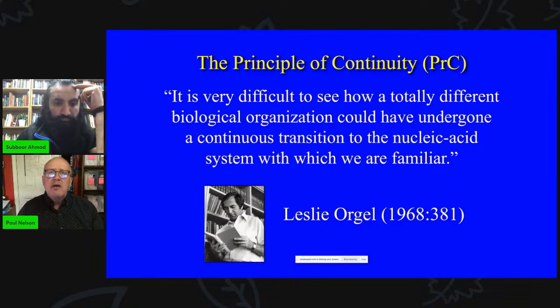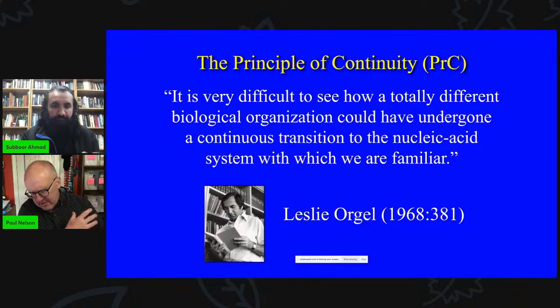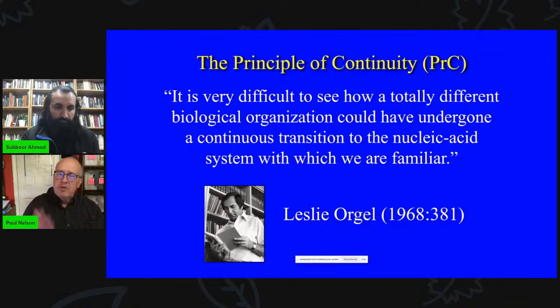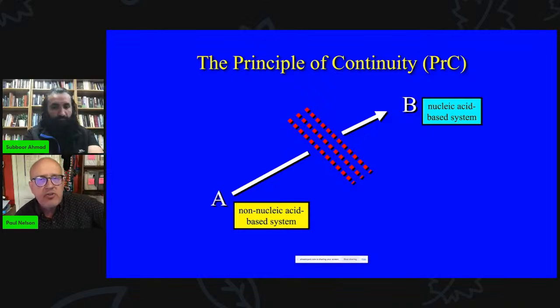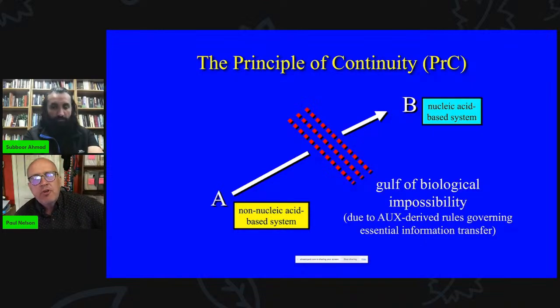And he said the problem is, along that pathway of transformation, there will come a point when all the information you accumulate in the unknown previous biochemistry that is not based on nucleic acid, 20 amino acids, and so forth, all that information will have to be transferred from one kind of chemistry to another, keeping yourself alive as you go. And he said, I just don't see any way that that's possible, because you're going to cross a gulf of biological impossibility where in a sense, you're neither fish nor fowl.